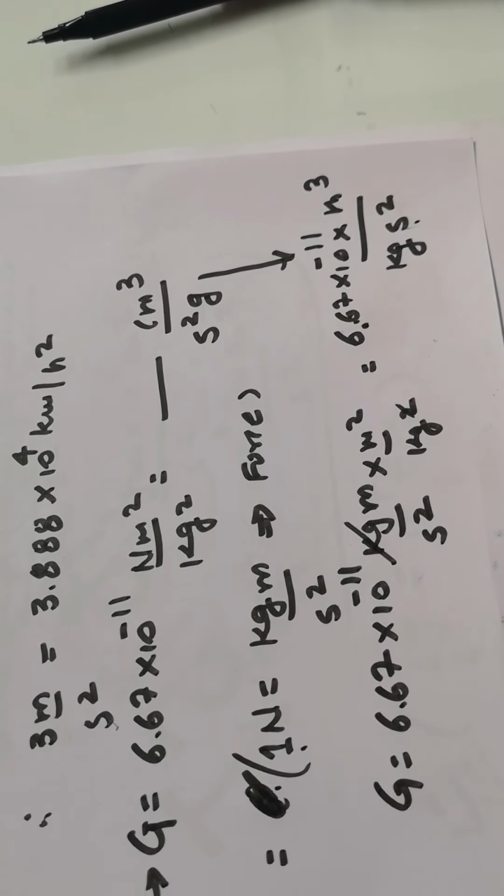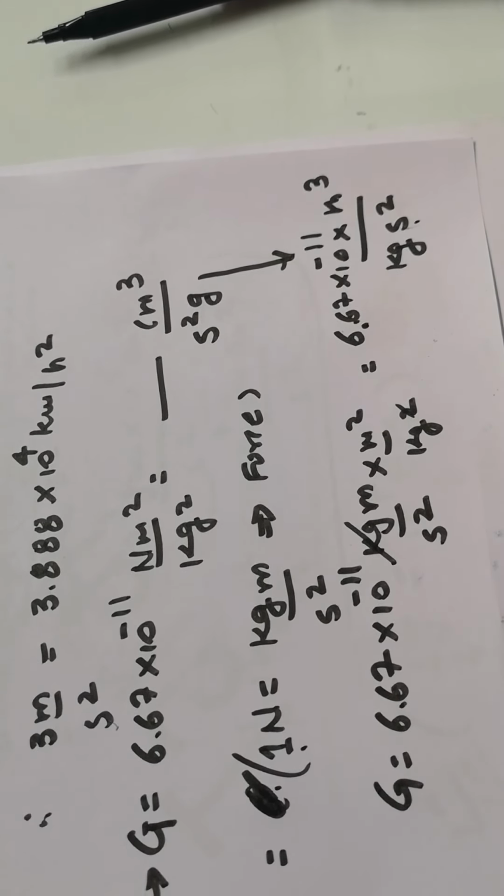So I can have 6.67 × 10^-11 × 10^-3 × 10^6 centimeter cube gram second square.